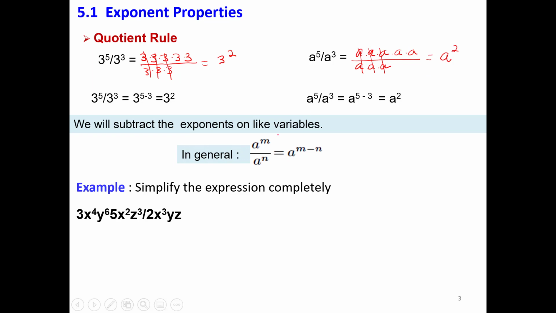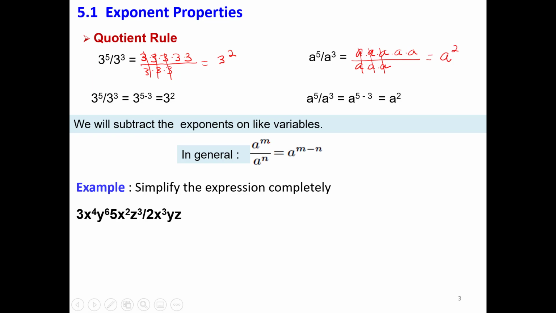Then in general, we say we can apply the quotient rule to this problem only if we have the same base. What we have to do is keep the base and subtract the exponents.